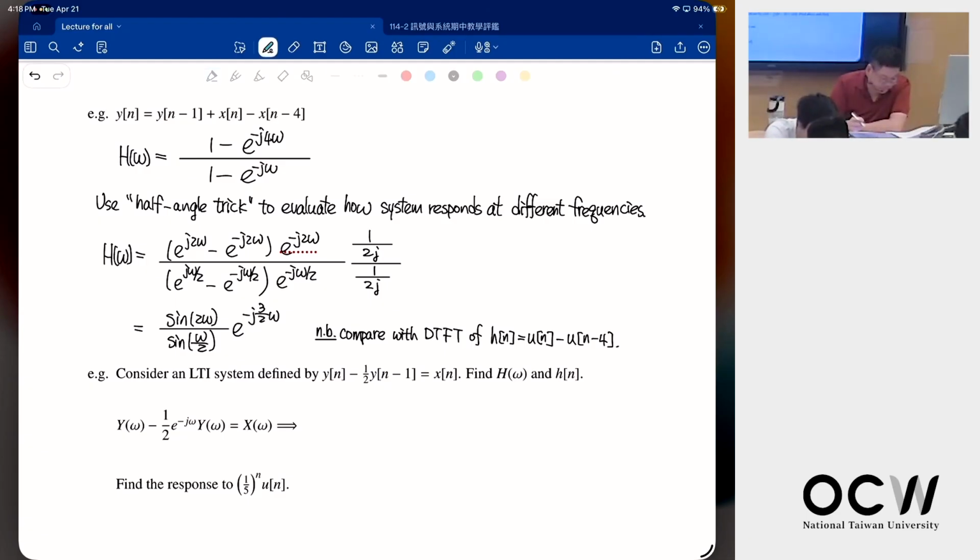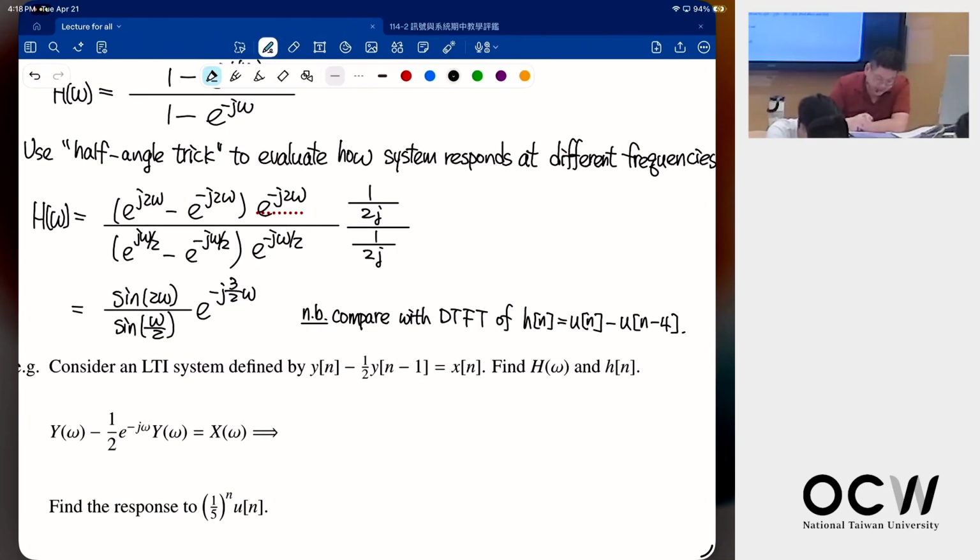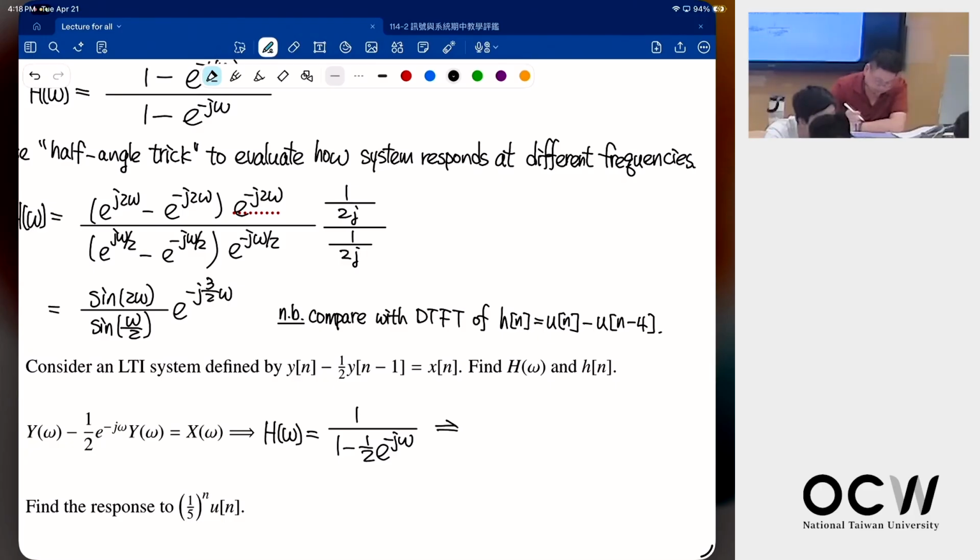So in this case, your H will be 1 over 1 minus 1/2 times e to the minus j omega, which means in time domain it is 1/2 to the n un.